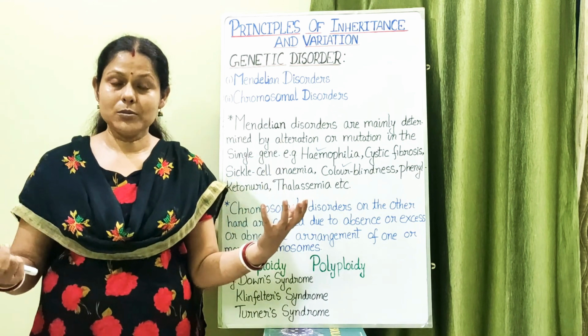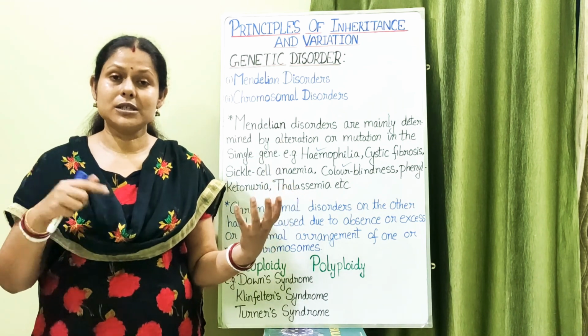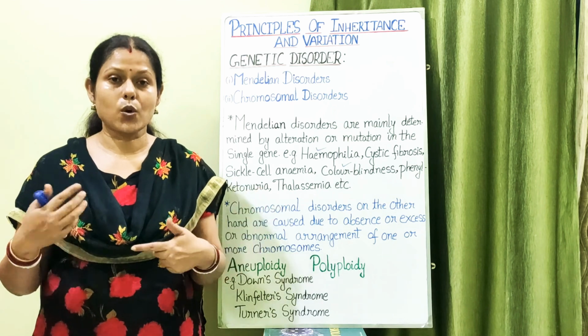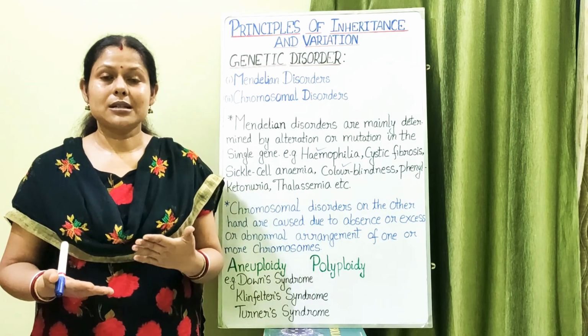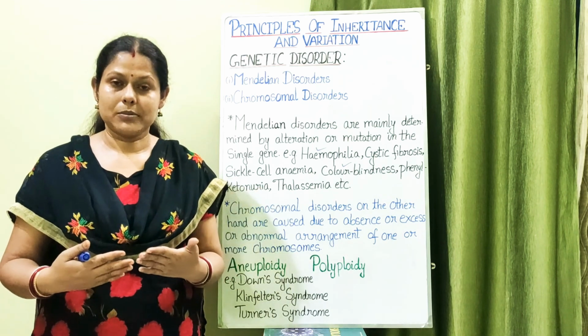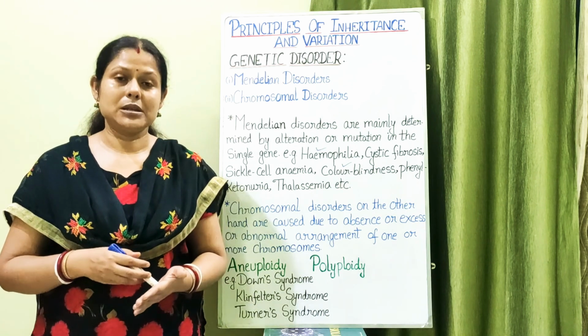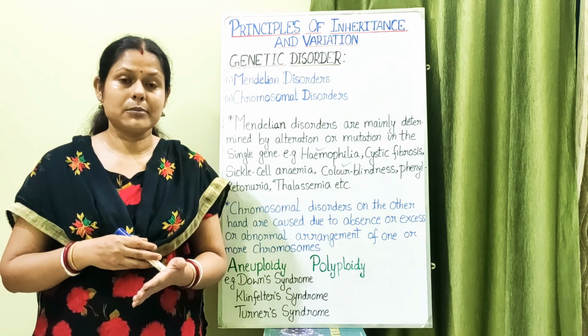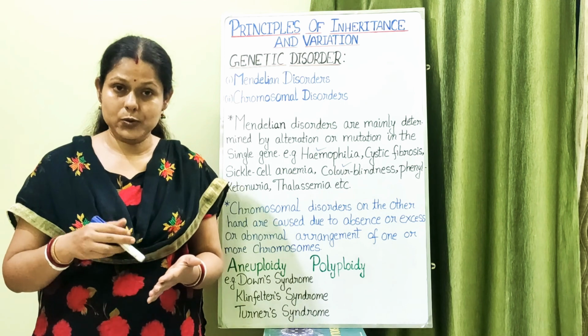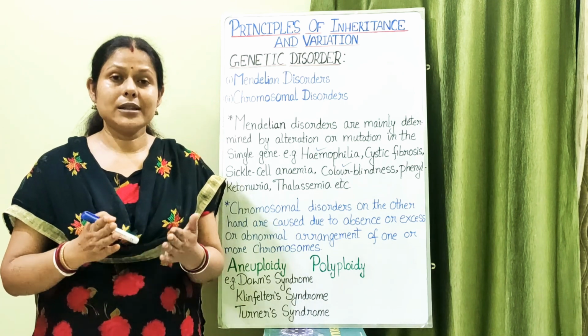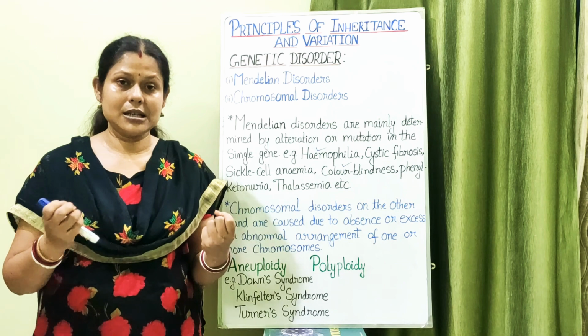Now this abnormal gamete, if it fuses with a normal gamete, may result in an abnormal chromosome number. Say, for example, in human beings, the normal diploid number of chromosomes is 46. Now when gametes are formed, it is 23 and 23.